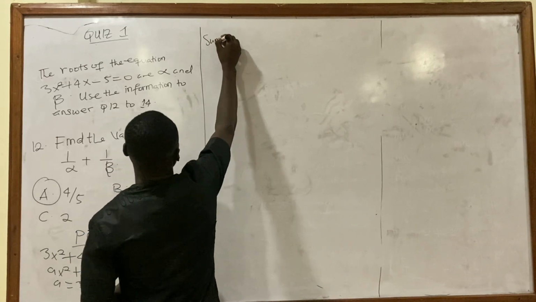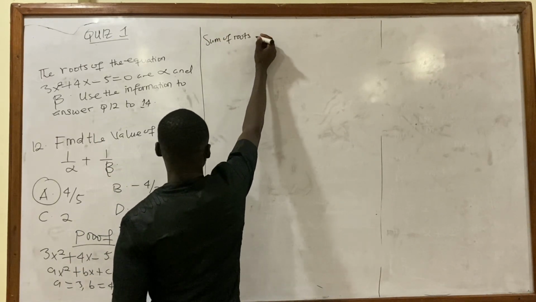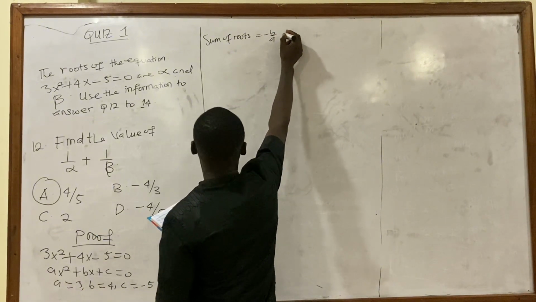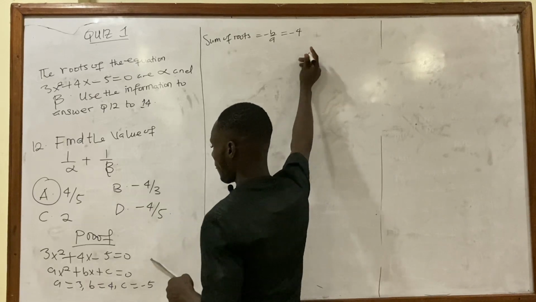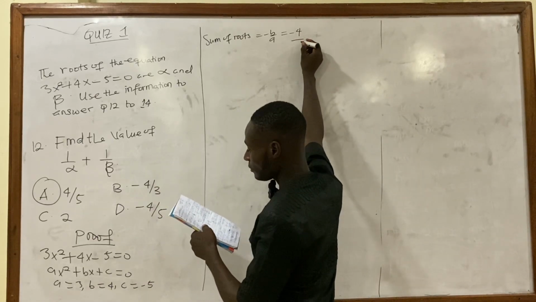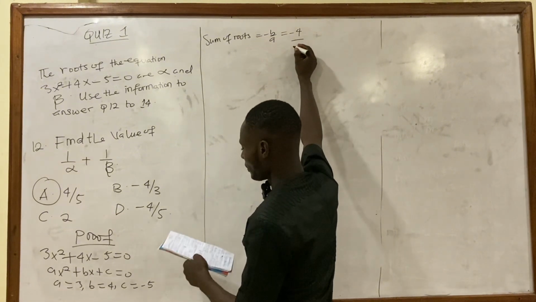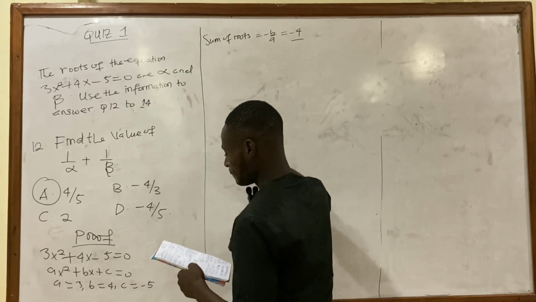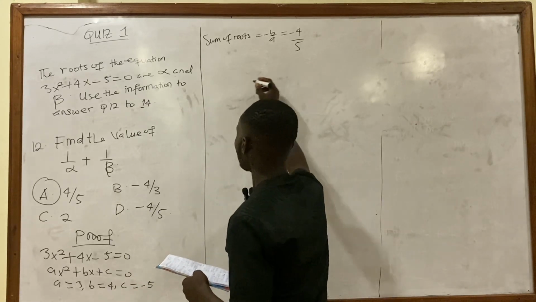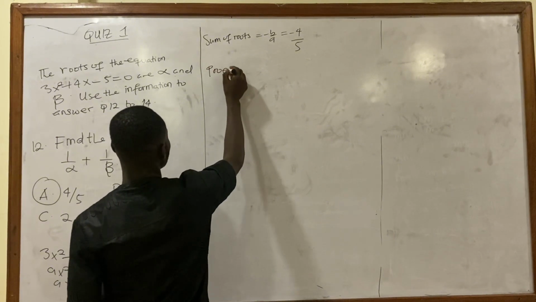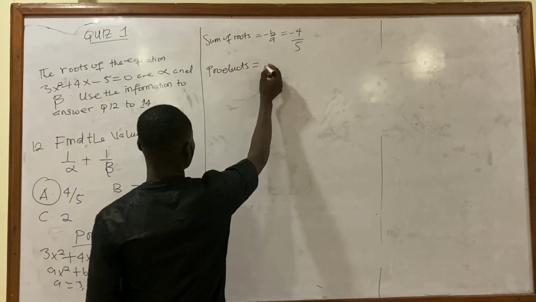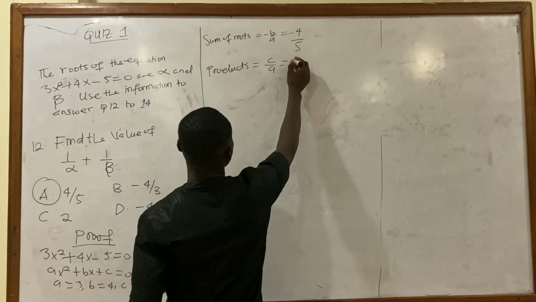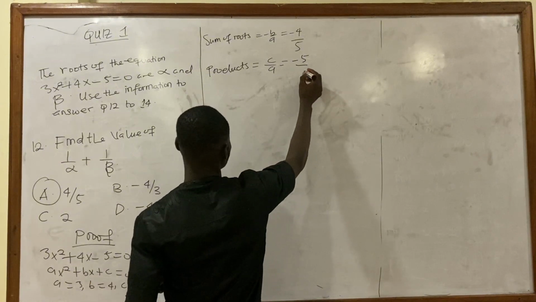Sum of roots is equal to minus b over a, which is minus 4 over 3. And then the product is equal to c over a, that will be minus 5 over 3.